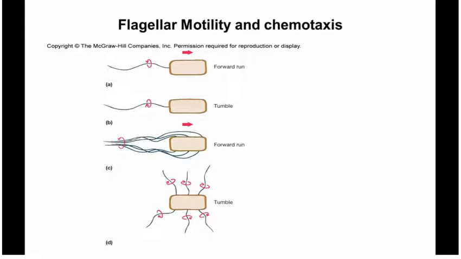So it might end up pointing this way with anti-clockwise rotation, and then it's going to carry on moving. So as long as the bacterium is moving up the concentration gradient, the sense of rotation is not going to change. And it's going to carry on moving, moving, moving until it goes too far.